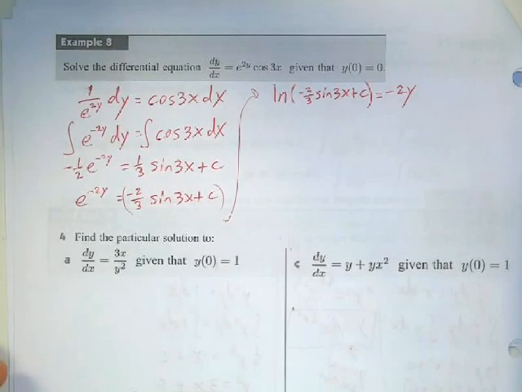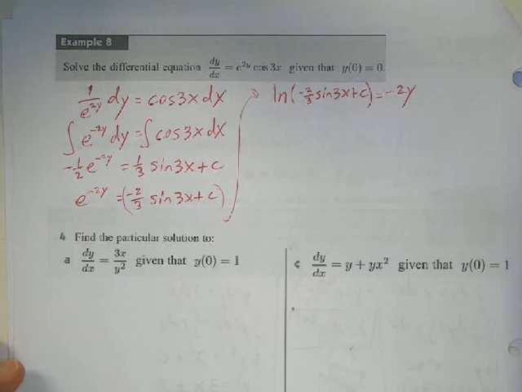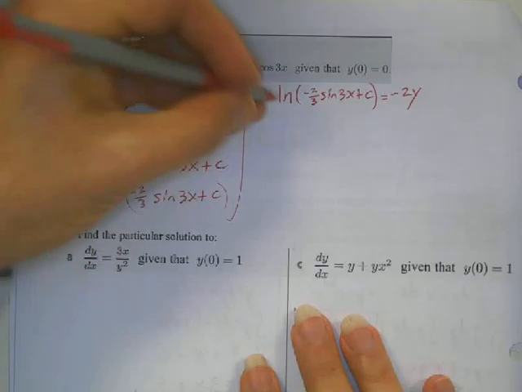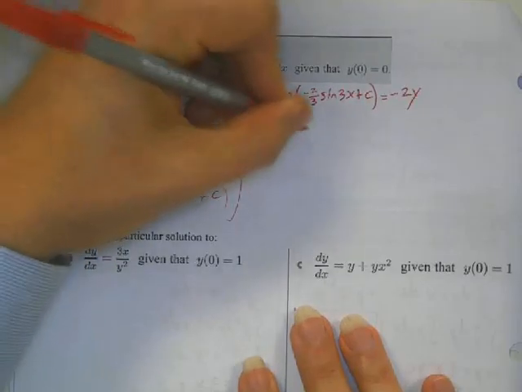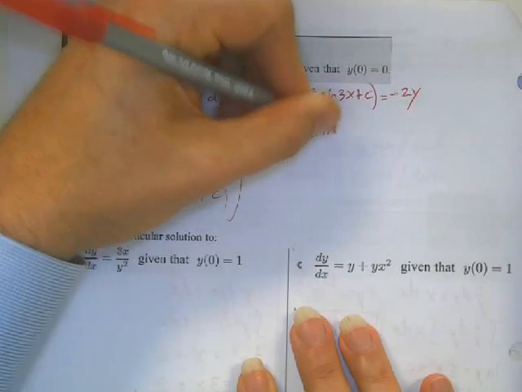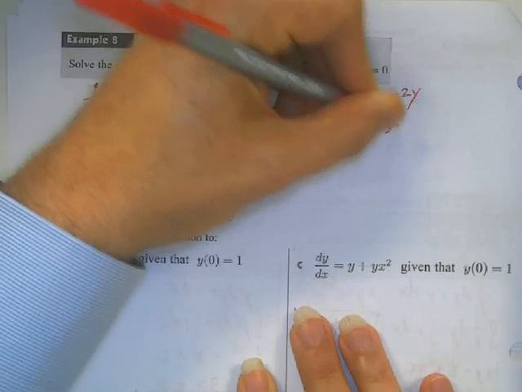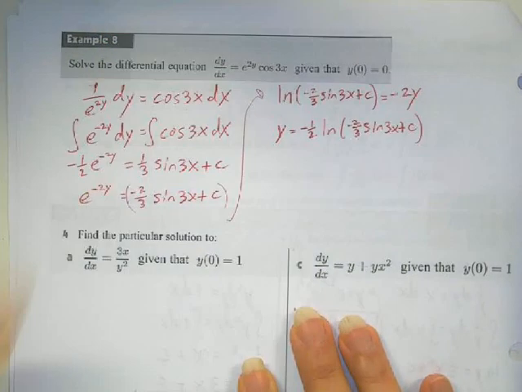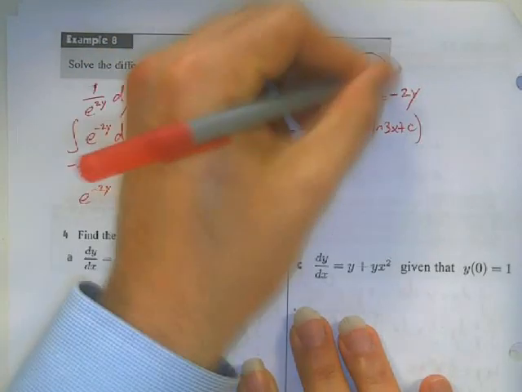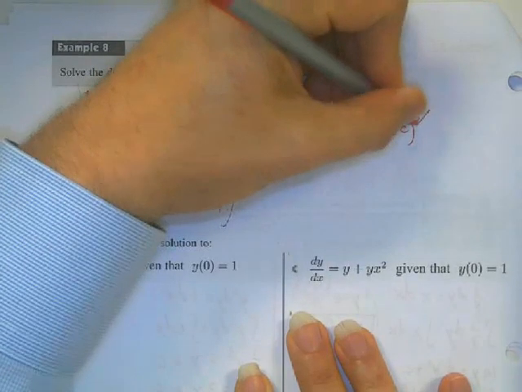Okay, and then we divide both sides by negative 2, and then we get y equals negative 1/2 natural log of negative 2/3 sine 3x plus c. Okay, and this is our general solution.